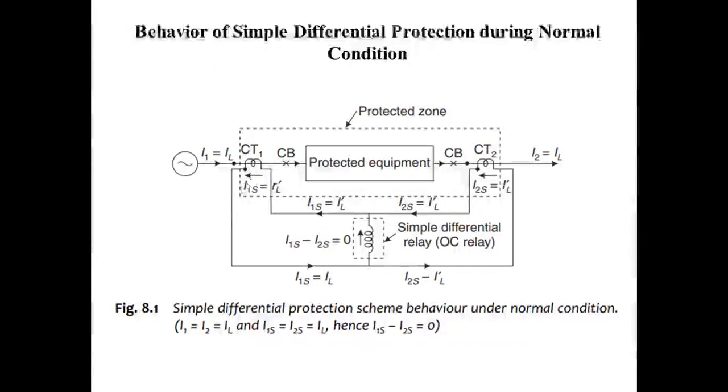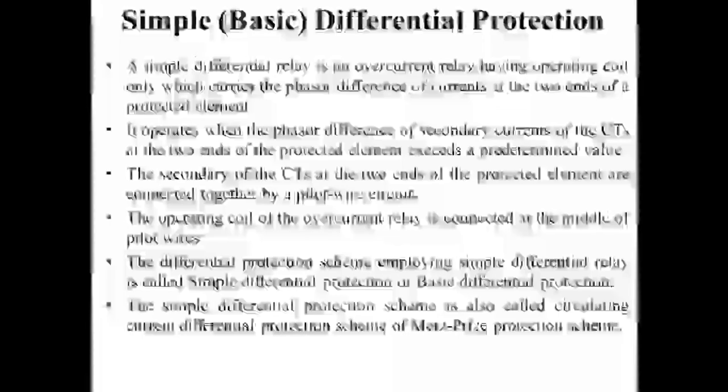I1S is your first secondary current and I2S is your second secondary current. When the difference is equal to 0, this is your normal operating condition. The relay does not operate under healthy conditions. This type of relay is also known as the Merz-Price protection system.